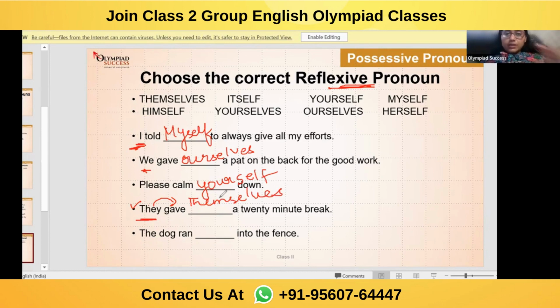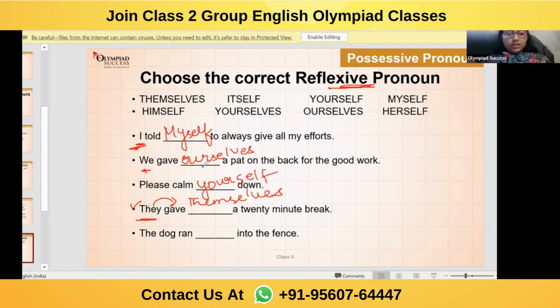Okay. Next is Mihir. The dog ran dash into the fence. The dog ran itself into the fence.